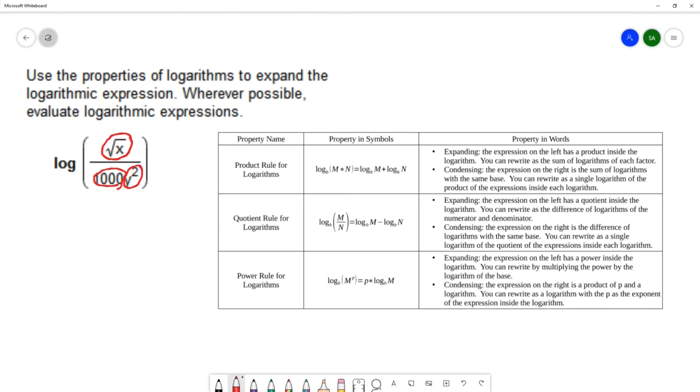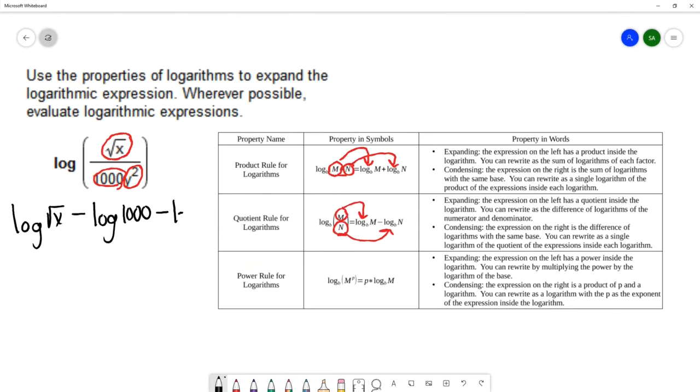Because of these product and quotient rules, each factor from the numerator gets its own log, and each factor from the denominator gets its own log. So I'm going to be able to write this as log square root x minus log of 1,000 minus log of y squared.